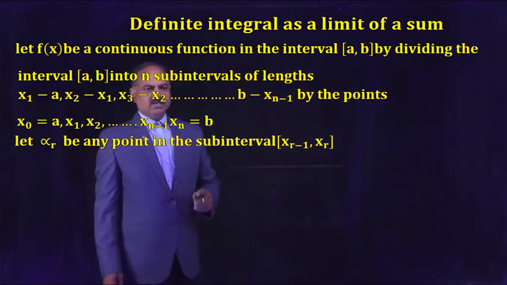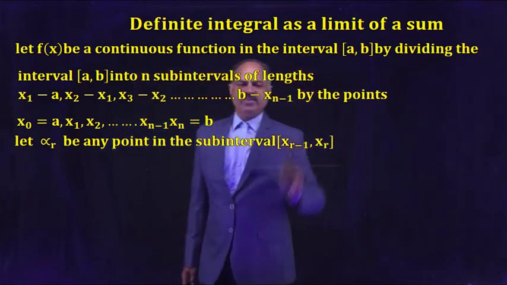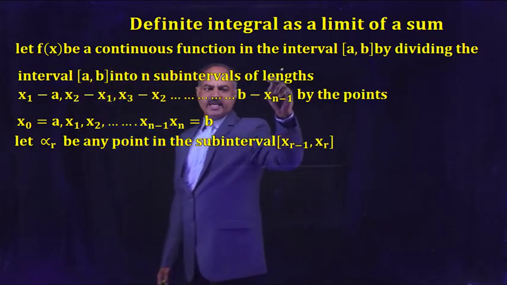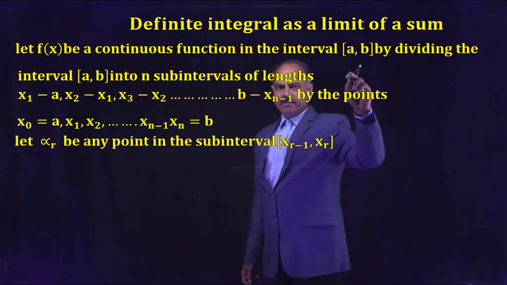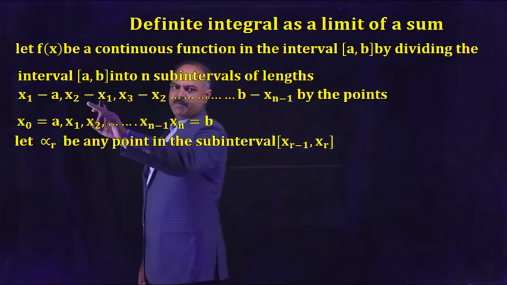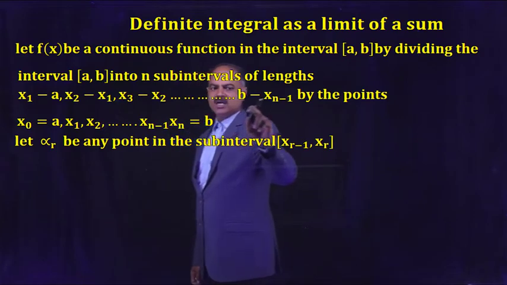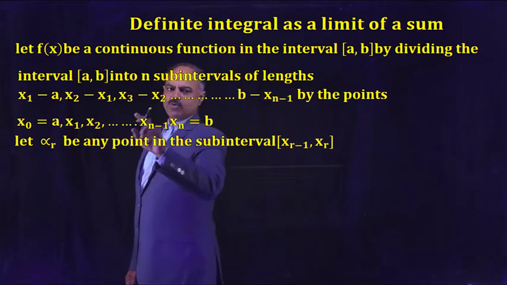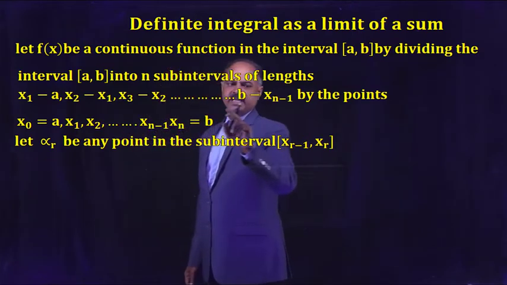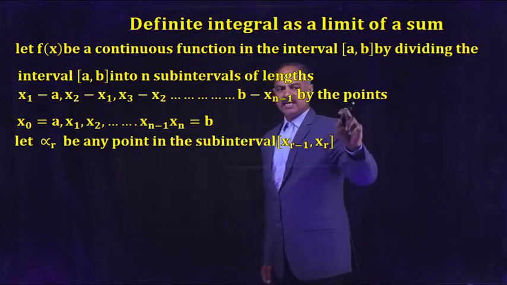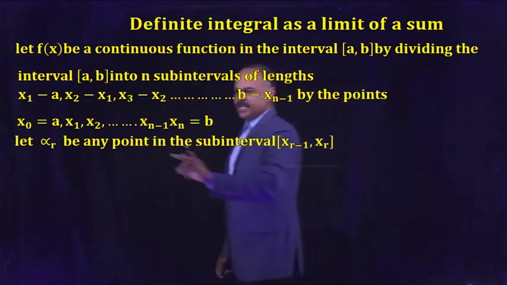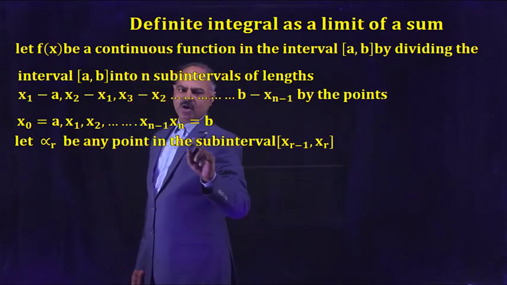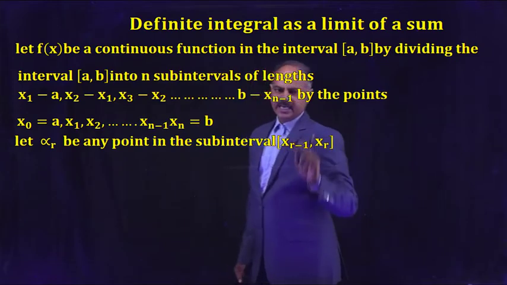Next, definite integral as a limit of a sum. Let f of x be a continuous function in the closed interval a comma b. Divide the interval a, b into n subintervals of lengths x1 minus a, x2 minus x1, x3 minus x2, and so on up to b minus xn minus 1, by the points x0 equal to a, x1, x2, and so on, xn minus 1, xn equal to b.